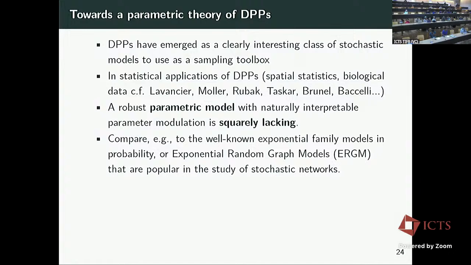They are simple, but they pack a lot of expressive power. Or in the world of stochastic networks, you can think of exponential random graph models, or ERGMs. They are also reasonably simple, at least simple to describe, and they also pack a lot of expressive power. So what we are thinking of is something along those lines.